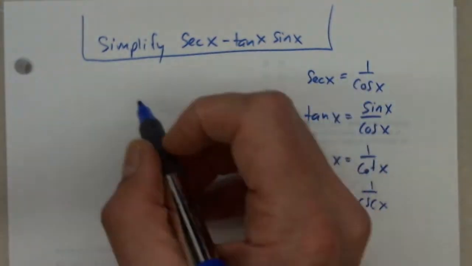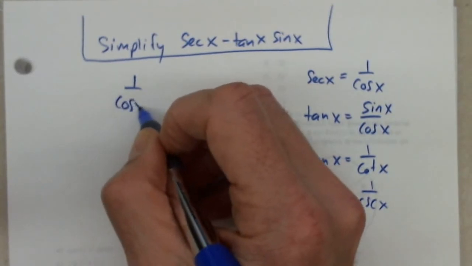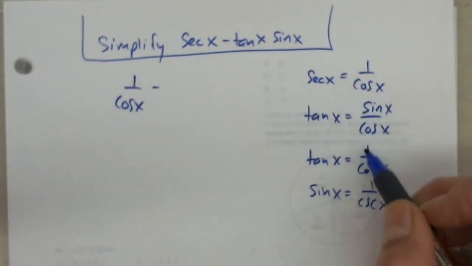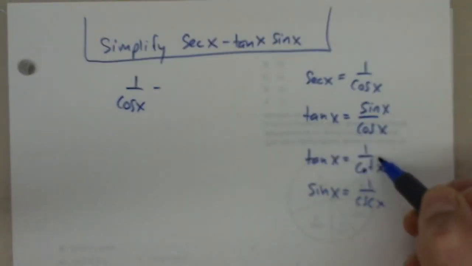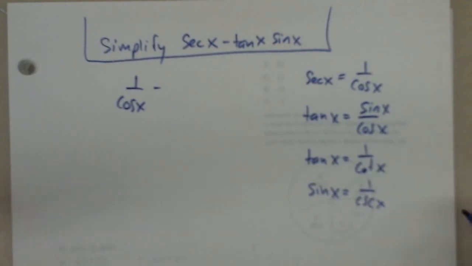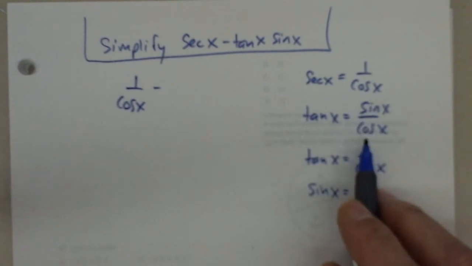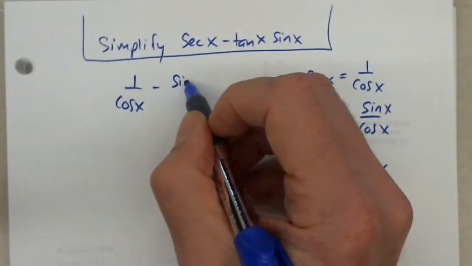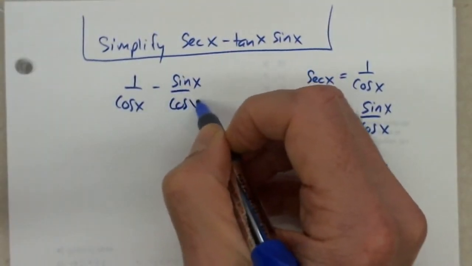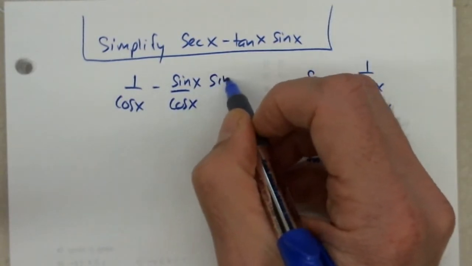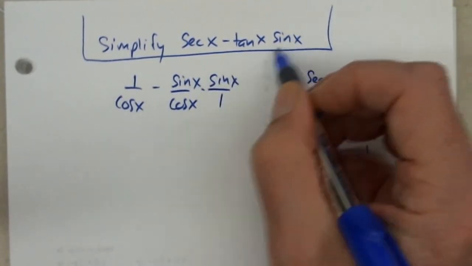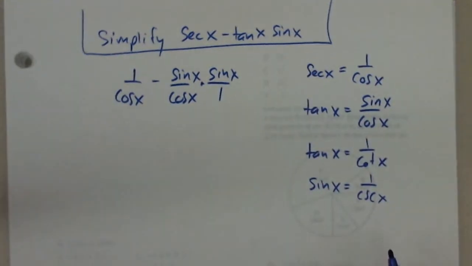Secant is 1 over cosine. Tangent, if I use this, it's going to throw it off, so let's use tangent is going to be sine over cosine. And we already have sine there. Sine is just sine over 1.